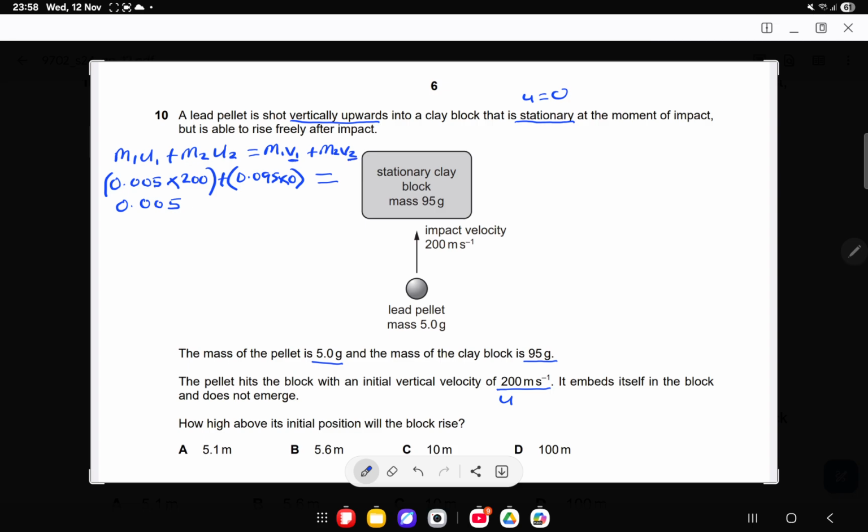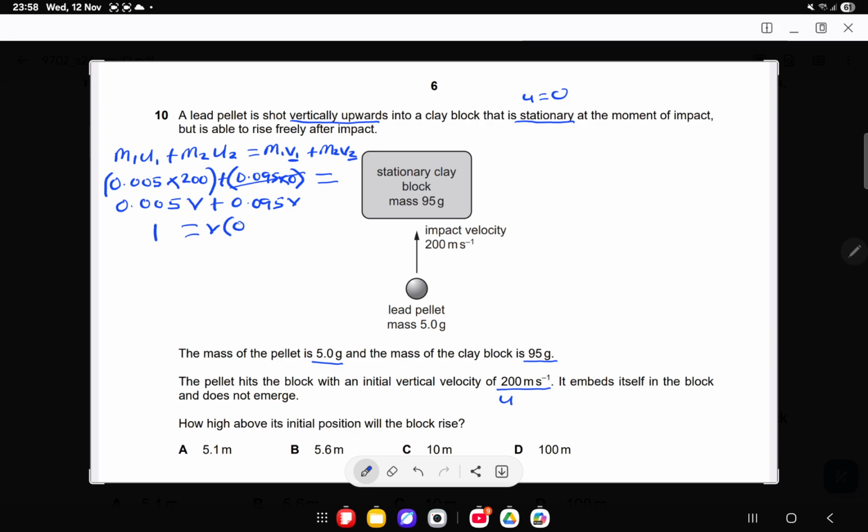So I can say this is V plus, here also the mass of the clay block will be 0.095 and moving at the same velocity. So I can say this also V. So now that this V and this V are the same, I can factor that out. So this one here becomes 0. So 0.005 times 200 will give me 1, which is equal to, I factor my V out.